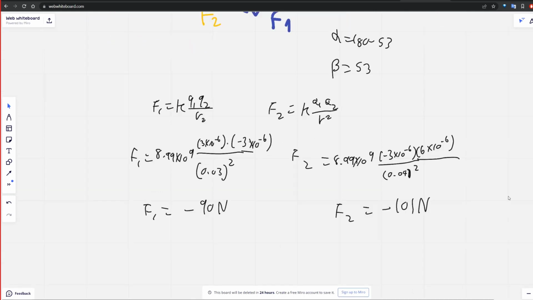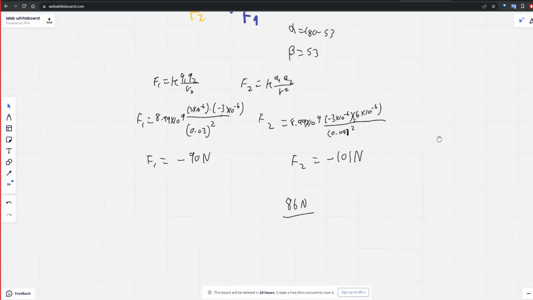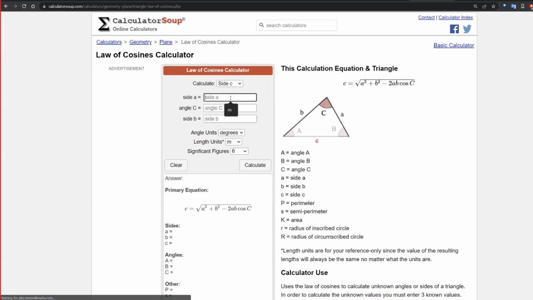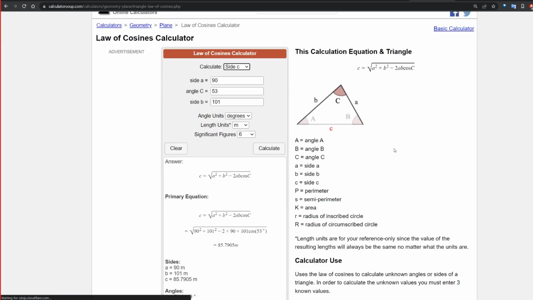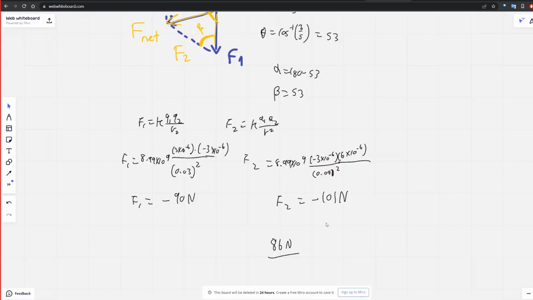So in the cosine rule, the F net equals to the C. I think it is 86. 86. Calculate side C. So side A is 90. Sorry, my fault, 141. And the angle, wait, angle 53. And side B is 101. Calculate. It is 86. Yes, very good.